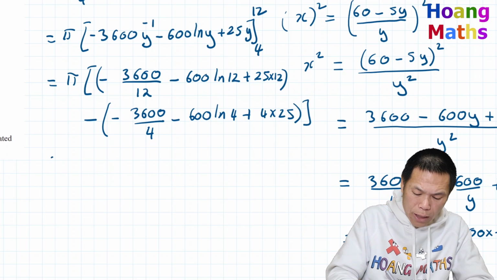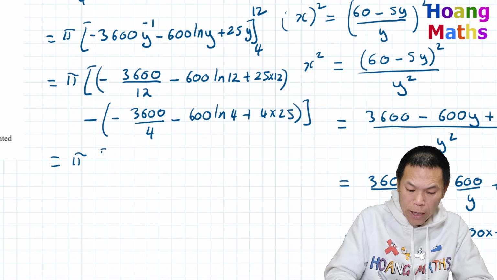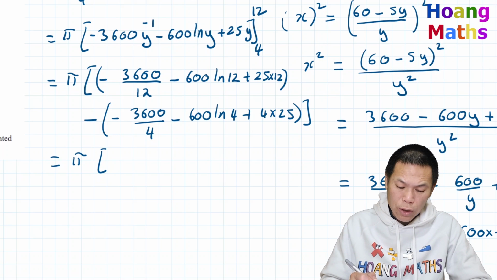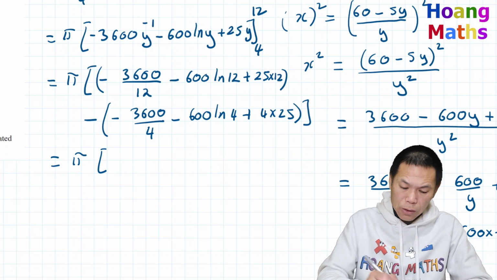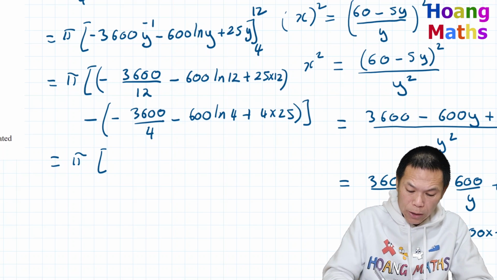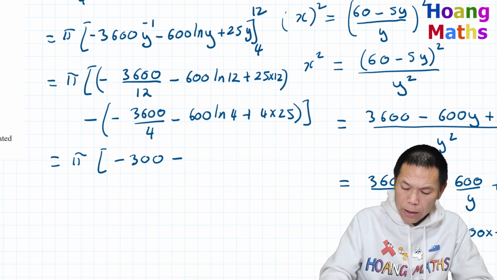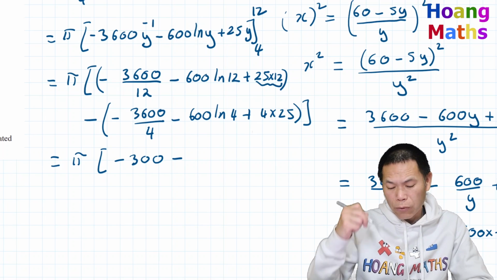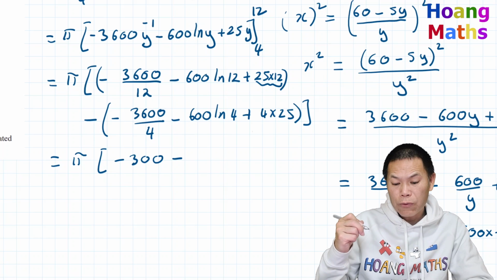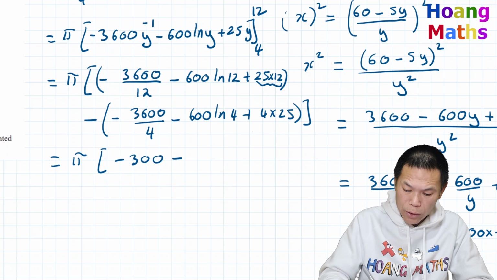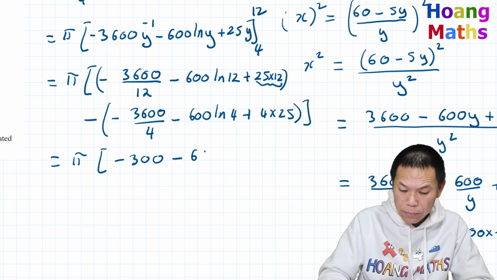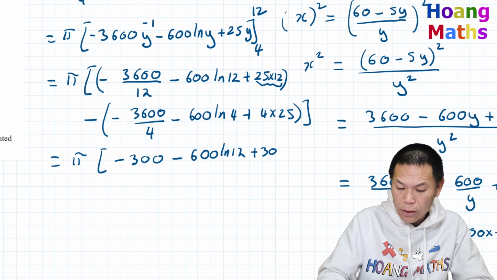So there you go. Now just simplify this, okay? So 3600 divided by 12 is 300, and 25 times 12 is 300. So we have minus 300 minus 600 ln 12 plus 300.